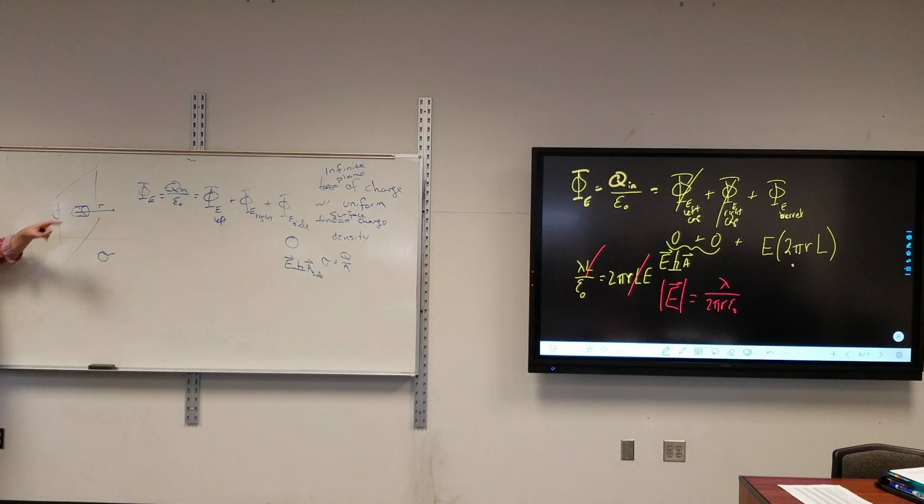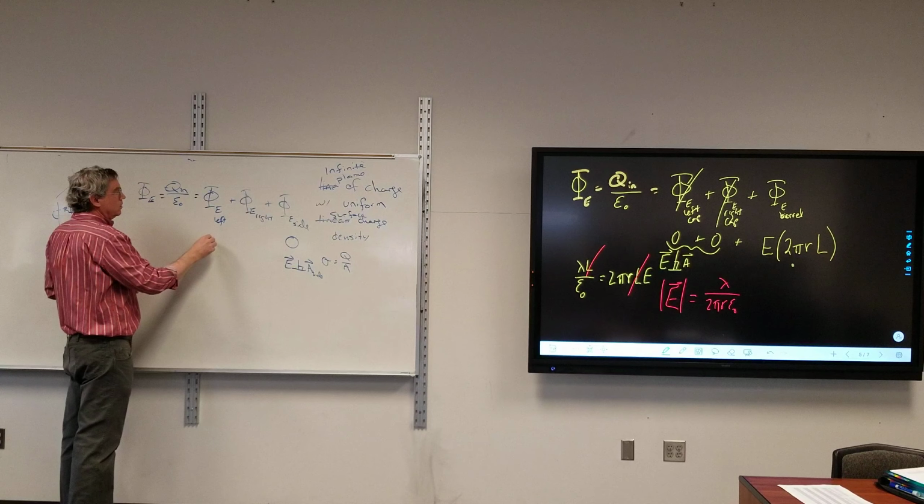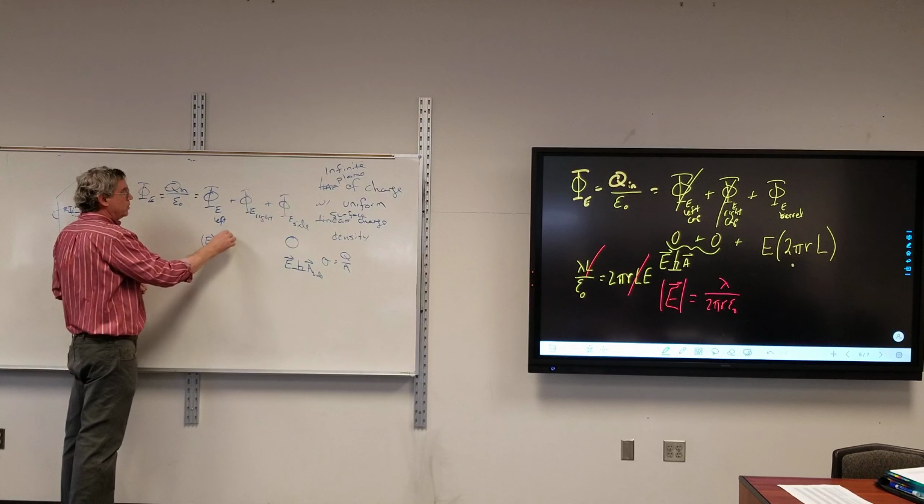Through the left cap and the right cap, again by symmetry, the electric field anywhere on this cap should be the same. Let's make the radius of this cylinder big R. So I end up with the magnitude of my electric field times pi big R squared.